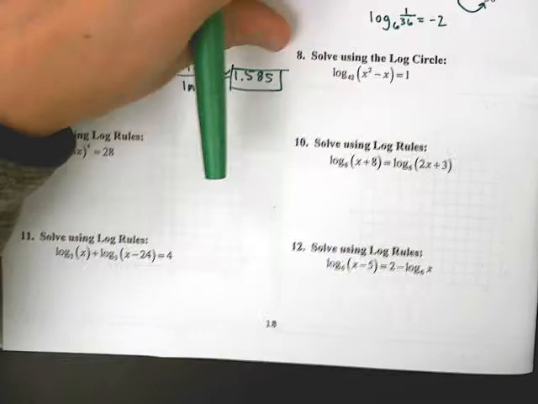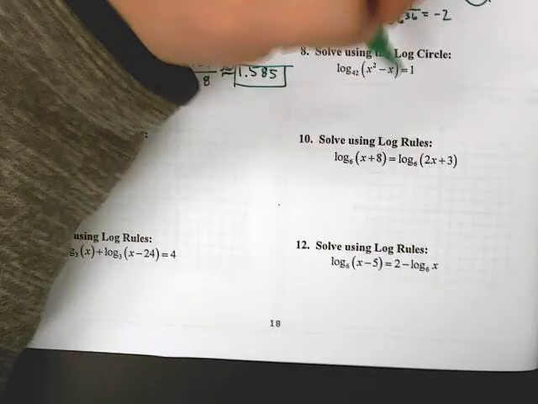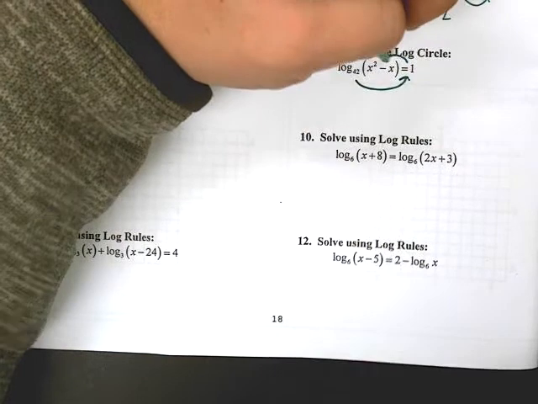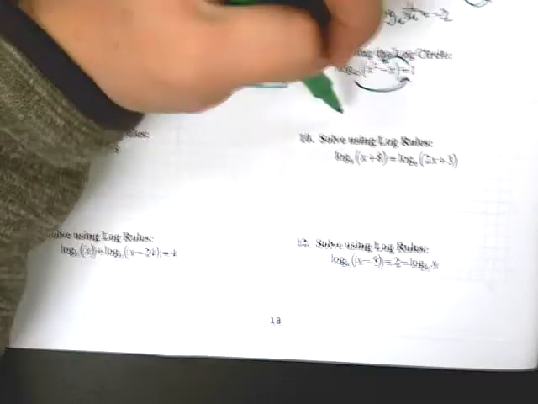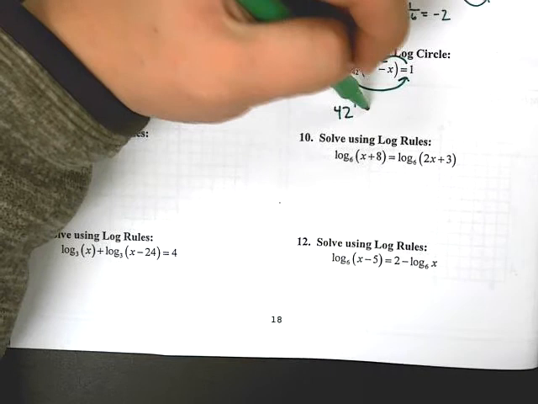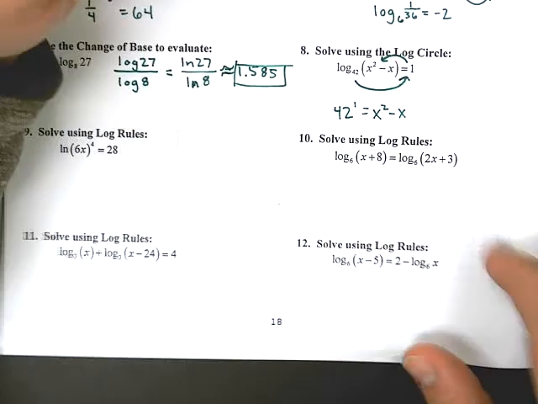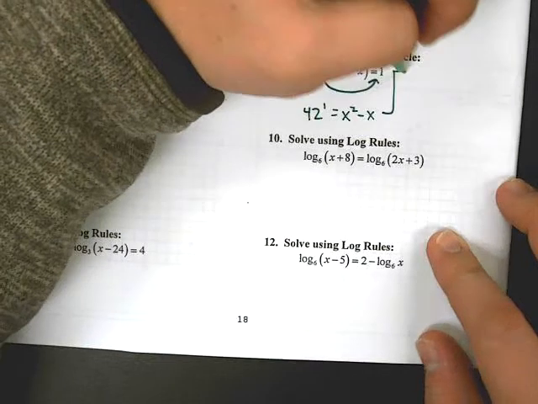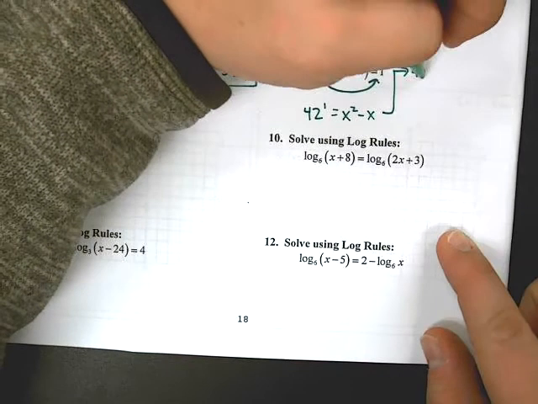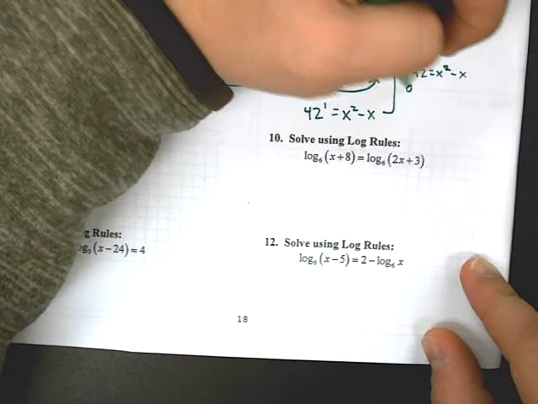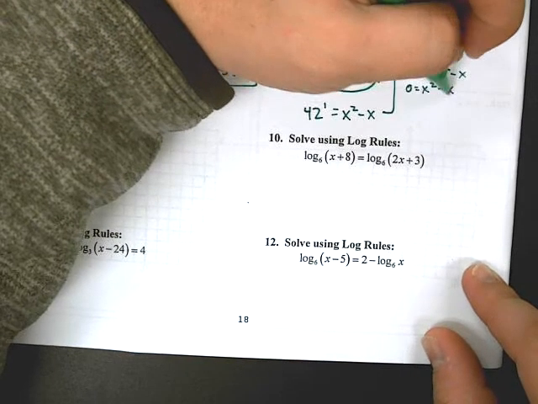The easiest way to do this would be to take your logarithm and change it into exponential. Alright, so we're going to say 42 to the first power is equal to x squared minus x. Okay, if we keep going, just 42 equals x squared minus x, or 0 equals x squared minus x minus 42.